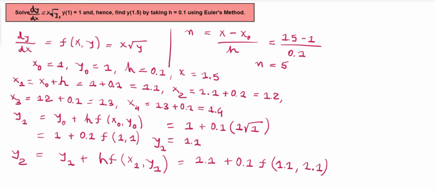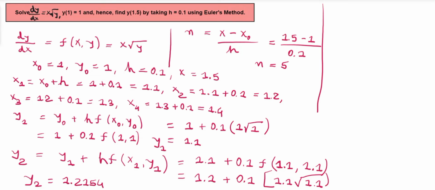Again we'll place the values of x and y in this x root y. So this will be equal to 1.1 plus 0.1 into 1.1 root 1.1, and y2 we get equal to 1.2154.